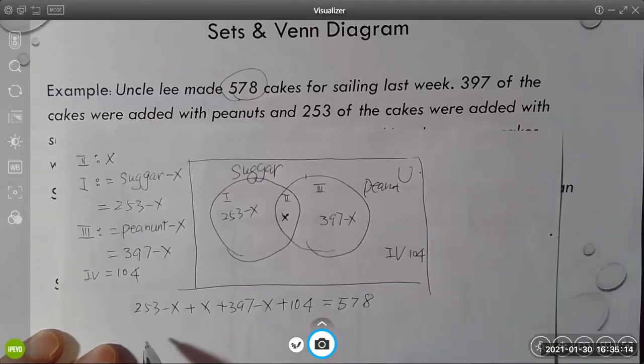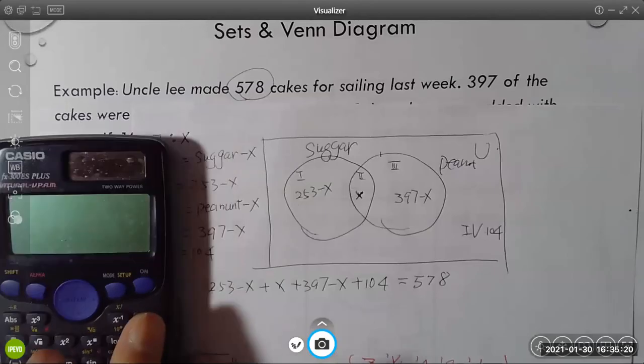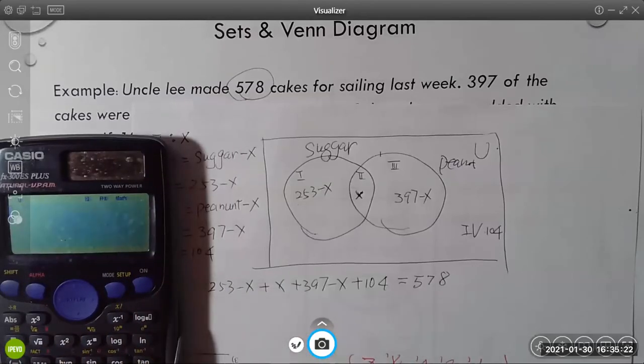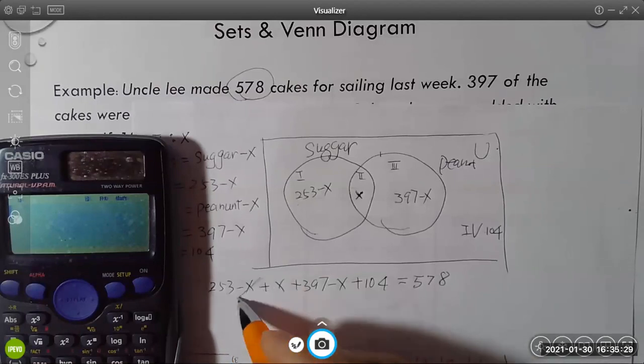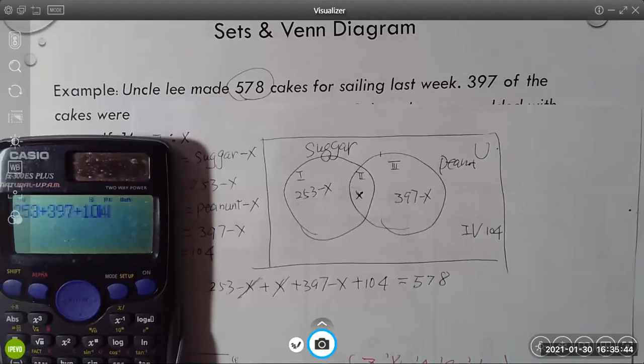Let's do that. I need the calculator. I'm going to add the three numbers together, all positive. The X cancels: minus X plus X. So 253 plus 397, and then plus 104.